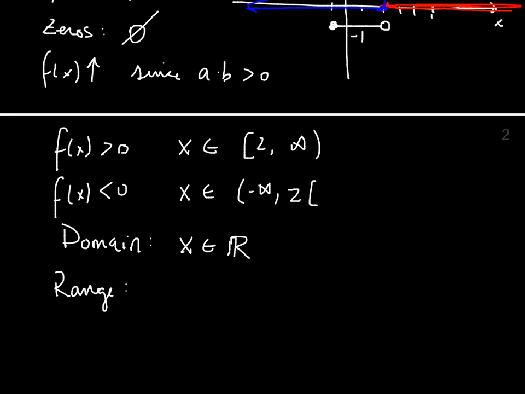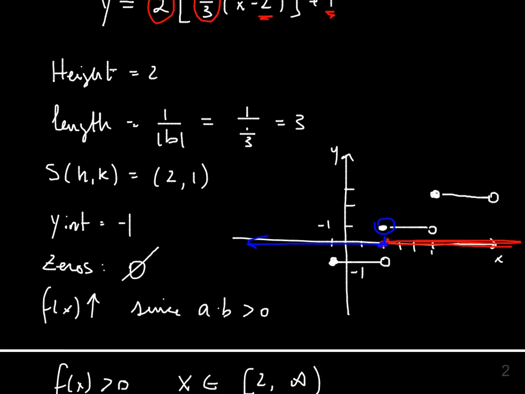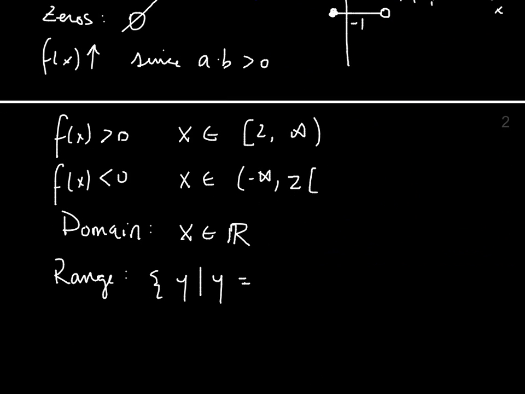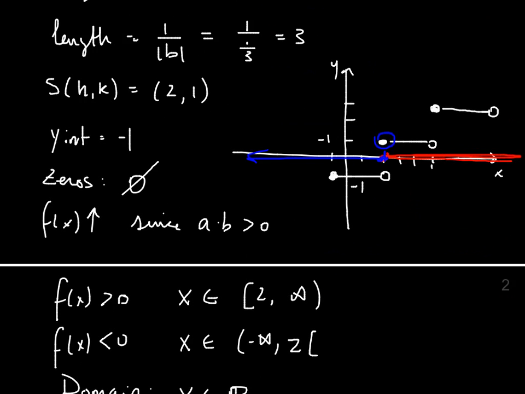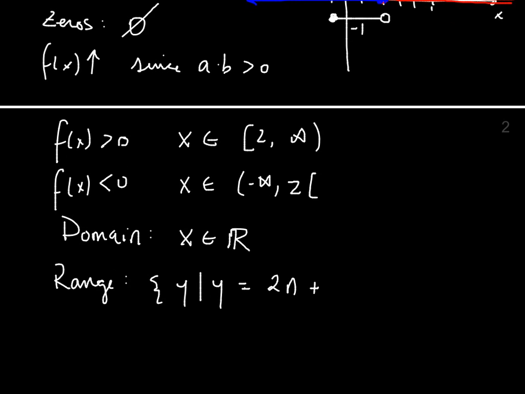we saw that we would write this as the set of y such that y is equal to a multiple of our parameter a, which is 2, so 2 times a multiple plus our k, which was 1, where n is an element of the integers.